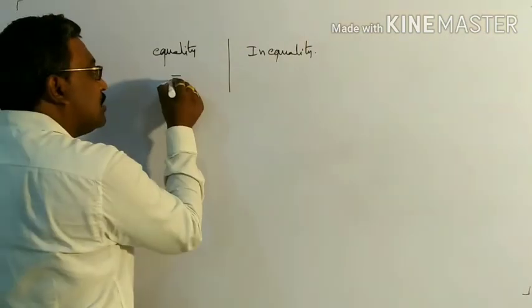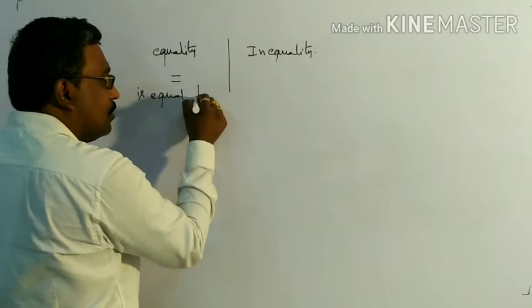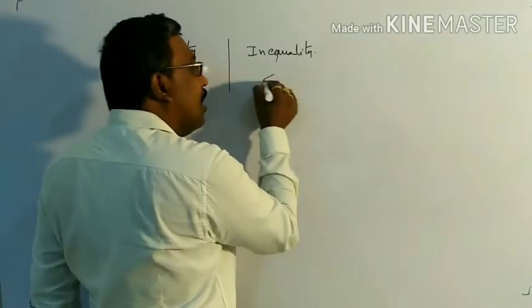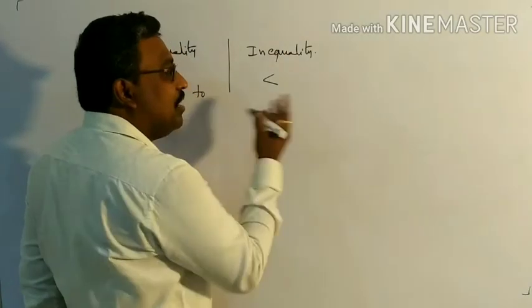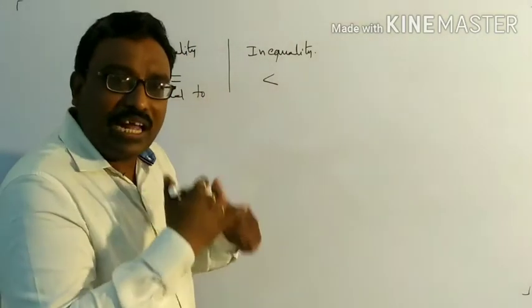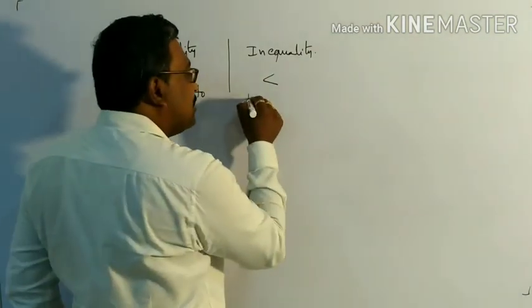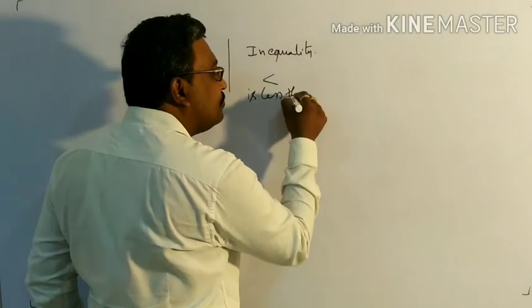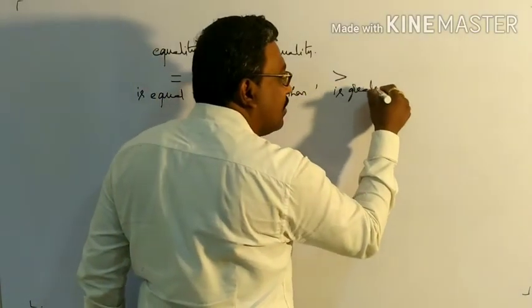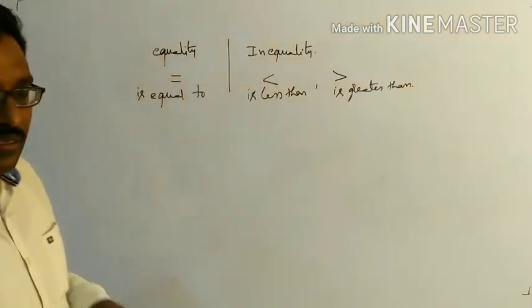Equality is denoted by the symbol is equal to. Inequality means they are not equal. Not equal means either it should be less or it should be more. Then it is less than or is greater than.